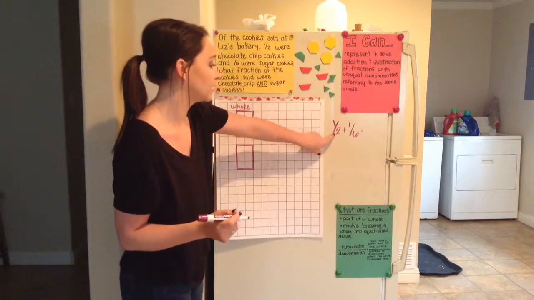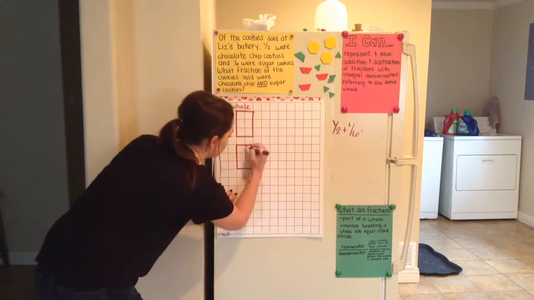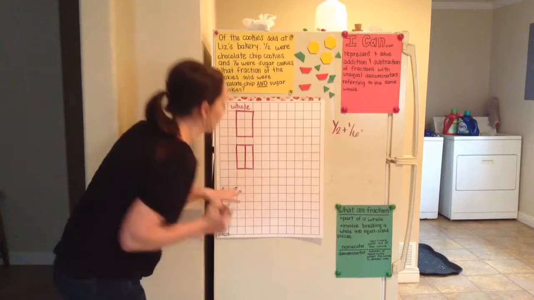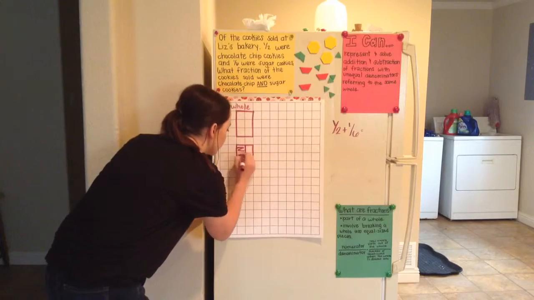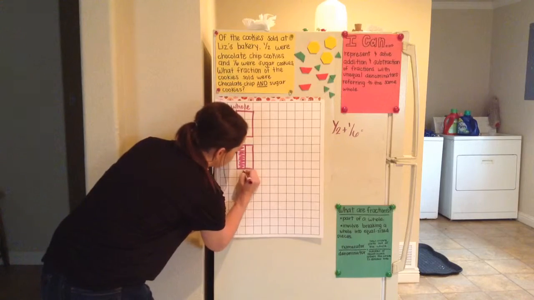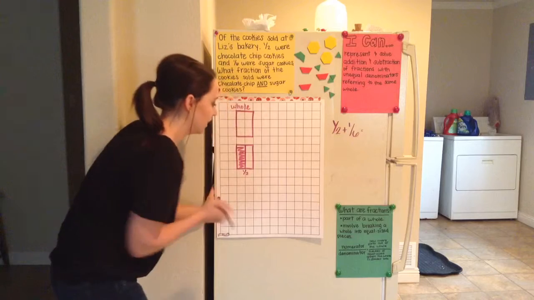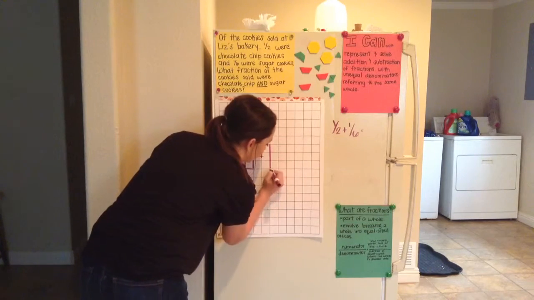So our denominator is 2, so we need to break our whole up into 2 pieces. So let's just put it right down the middle. There we go. And we're only interested in 1, so let's shade in 1 of our equal size pieces. So this represents 1/2.